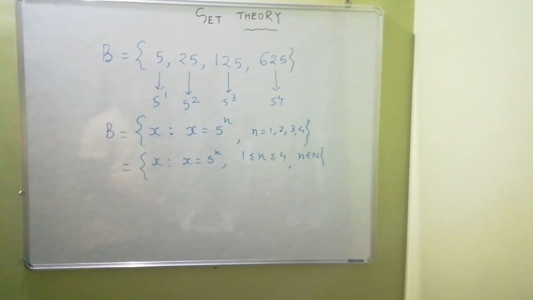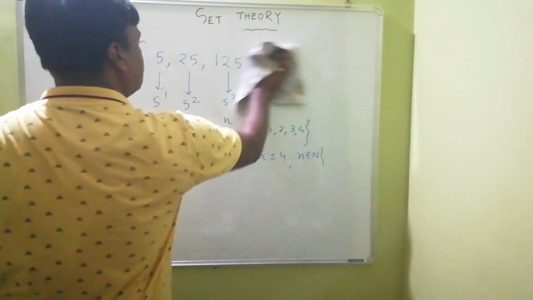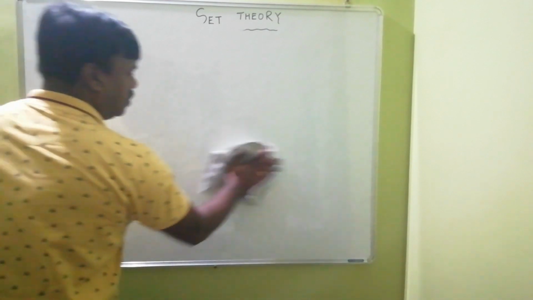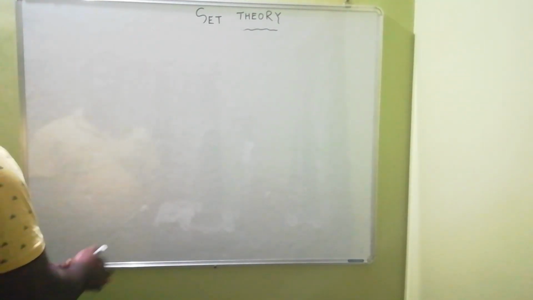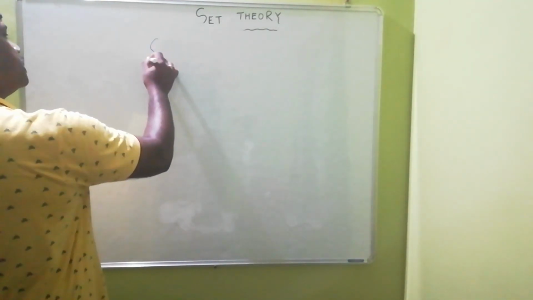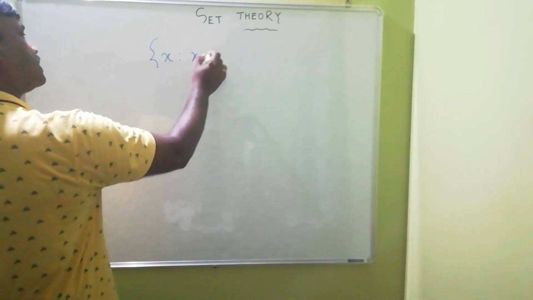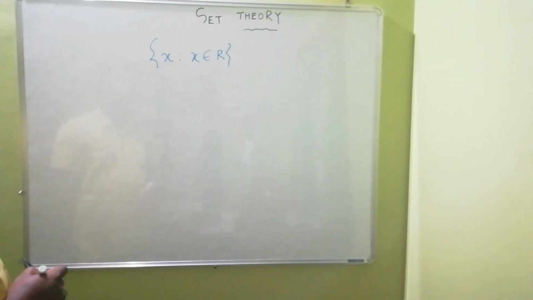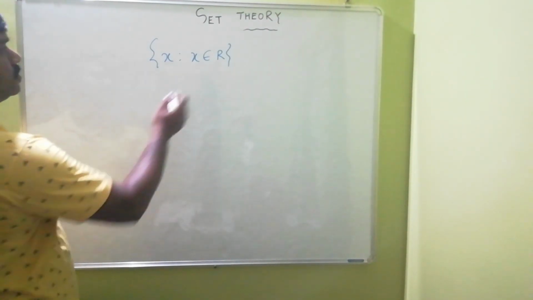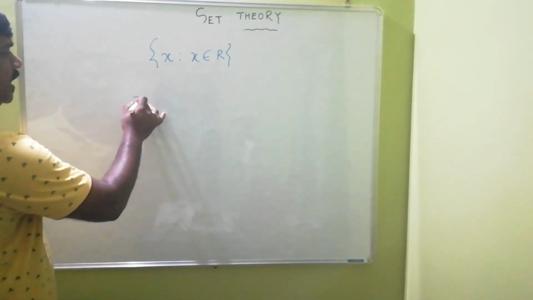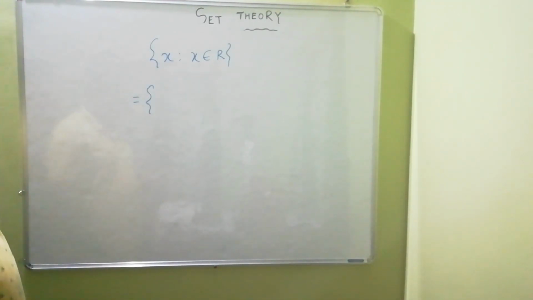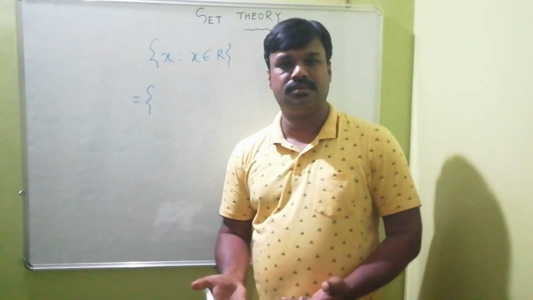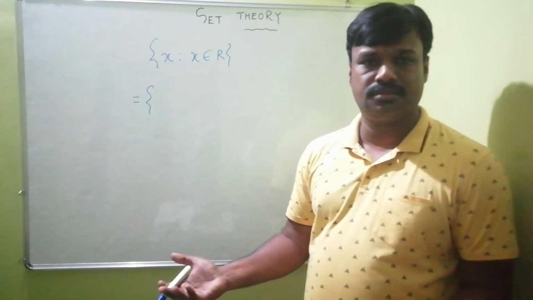There are certain sets which you cannot write in tabular form. Let me show you one example. For example, I am writing set of all x such that x belongs to R, set of real numbers. Can you write all the elements here? How you will write real numbers? You have to write natural numbers, whole numbers, integers, fractions, rational numbers.